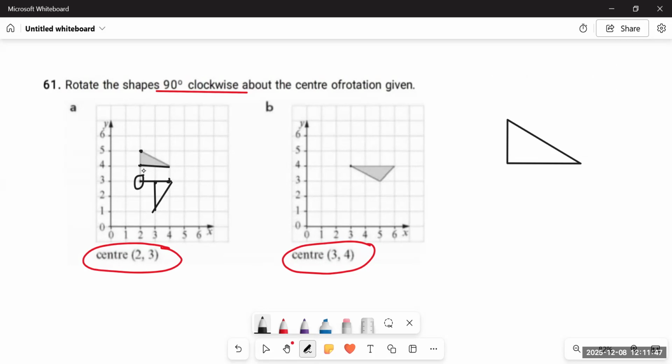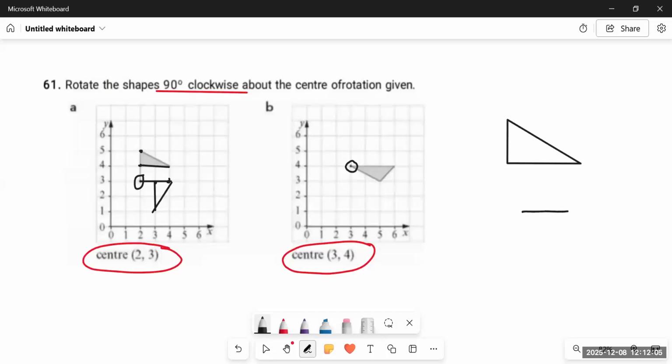And when we talk about the other figure, again, we have to rotate the shape 90-degree clockwise about the center of rotation given as 3, 4. So first we have to find where this center is. This is 3, 4 here. This is the center. Okay.